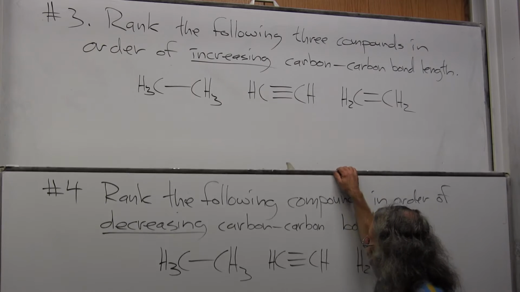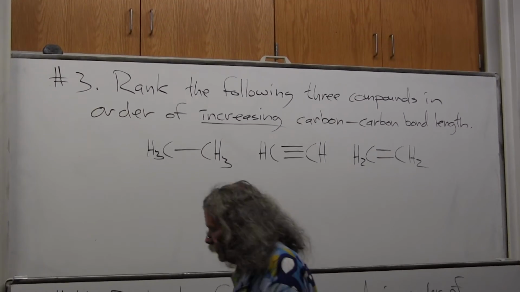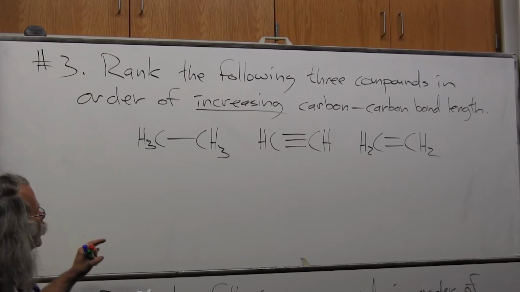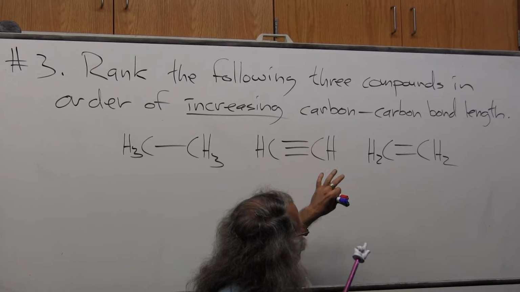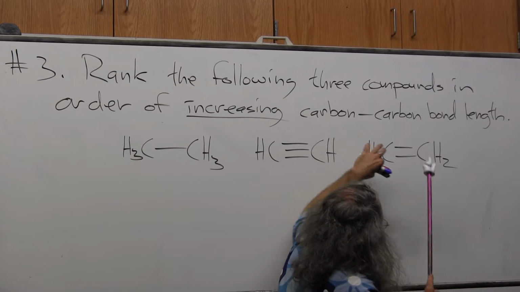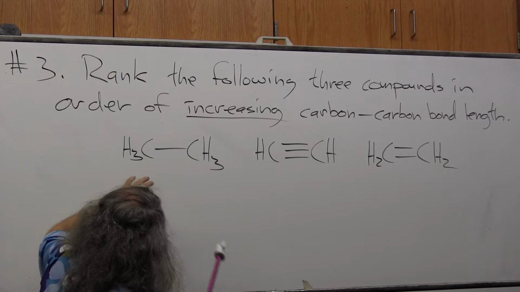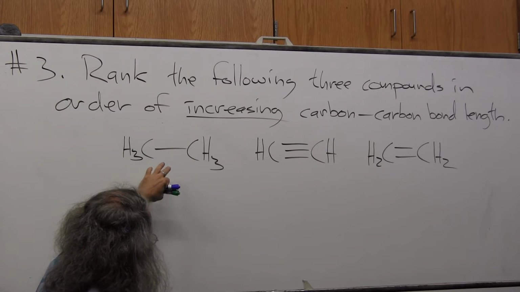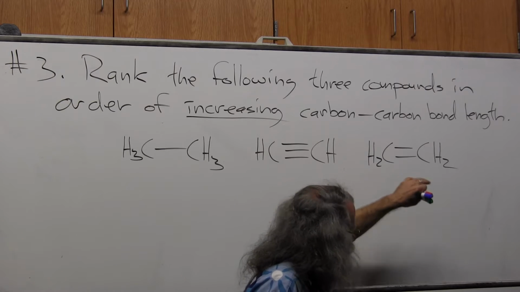So let's handle problem 3 first. And what we need to know is what is the correlation between bond length, it doesn't matter what kind of bond, and the bond order. And so here I've got a single bond, a triple bond, and a double bond.